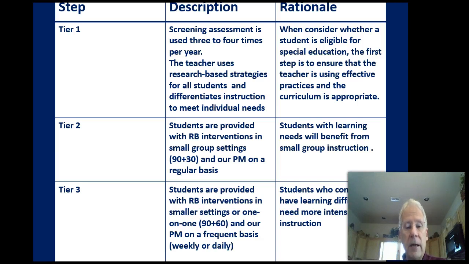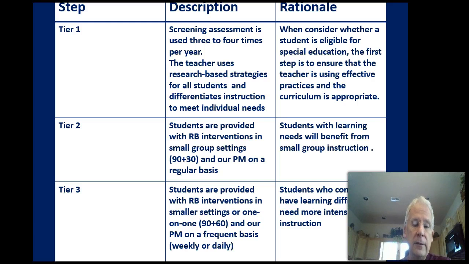If he's not making progress, we're going to throw an intervention in there to see if we can change or alter that. If he is making progress, then good. We're going to continue using the intervention. So PM, or progress monitoring, or dipsticking, whatever you want to call it, is a really important part of Tier 2, and it's done much more frequently than it is in Tier 1.